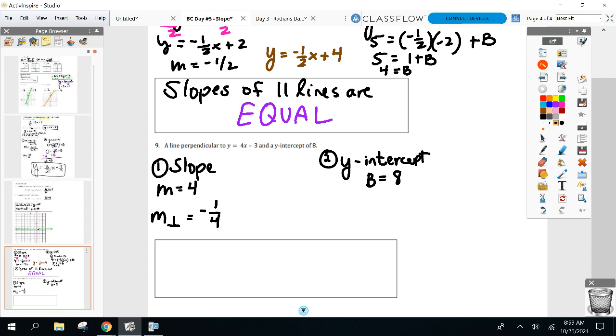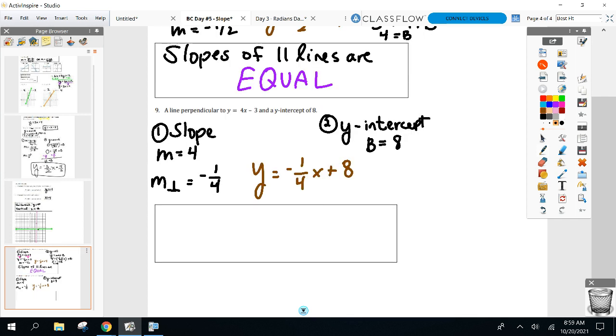So now what's the equation? I don't have to do any work for the intercept because we already knew that. Y equals negative 1/4 x plus 8. That might be a little bit of a challenge with perpendicular.